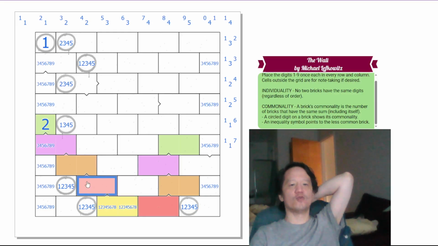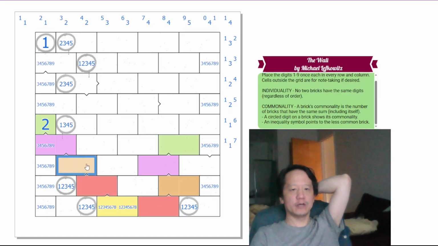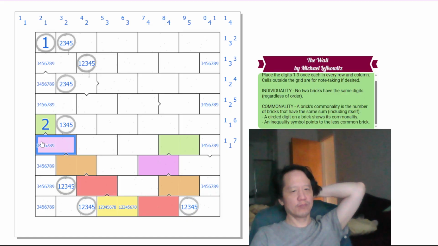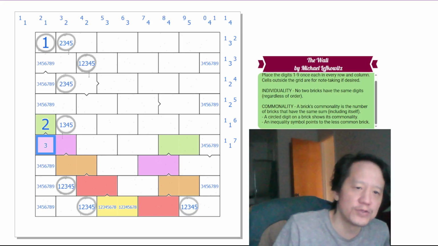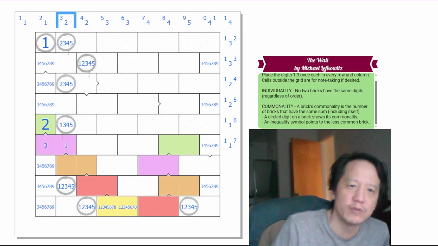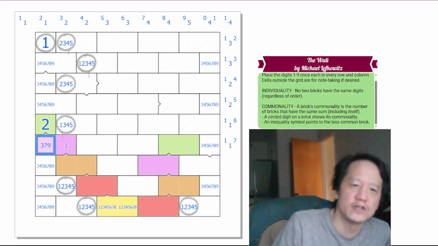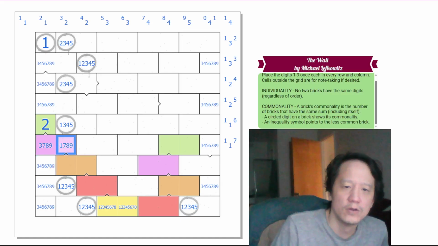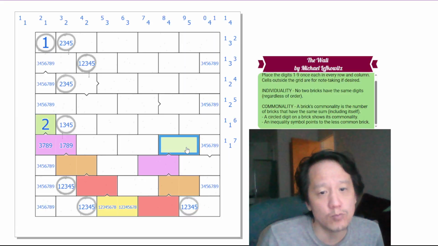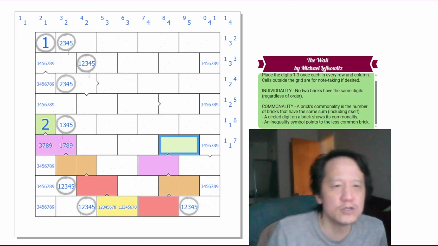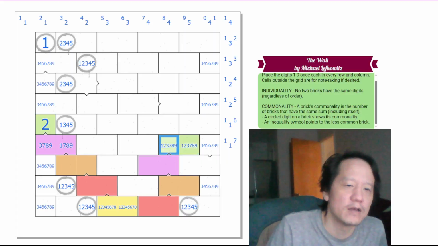This is 4 commonality, 3 commonality, and 2 commonality. So again, this has to be either 3 and 1 to add up to 4. It can't be 1 and 2 because this cannot be 1 or 2. Or it's 7, 9, or it's 8, 9. We don't know which. So this is commonality 2. This is commonality 2 or 1 because it's less than 3 other ones. So it can only be 1, 2, 3, 7, 8, or 9.